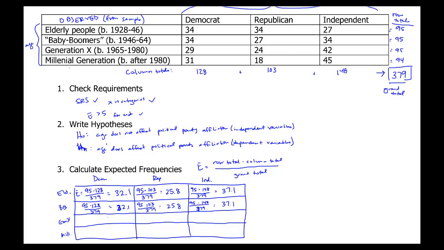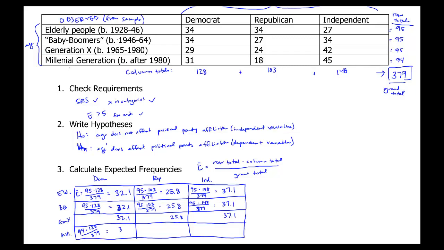And the row total for the next row, the Generation X, is also the same. So we're going to end up with the same values in this row as well. So I'm not going to write the numbers down for that one. But then when you get to the millennial generation, we have a row total of 94. So now our numbers are going to be different. We have 94 times 128 over 379.